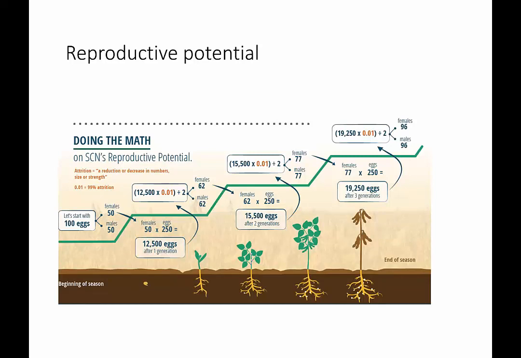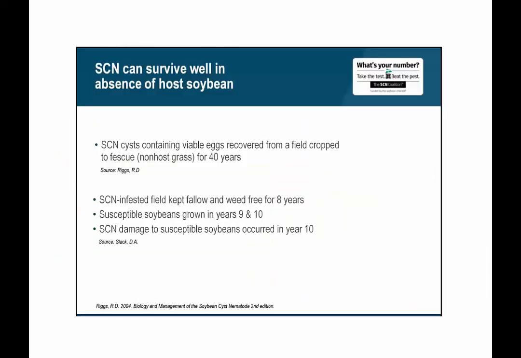Soybean cyst nematode can survive in the soil for many years, the cyst, even up to 40 years. But 10 years is a very common number for them to survive in the absence of a host. So let's say you have soybeans planted and you don't plant soybeans for 10 years.